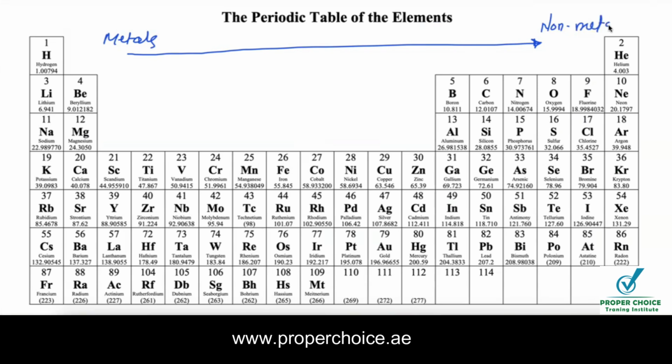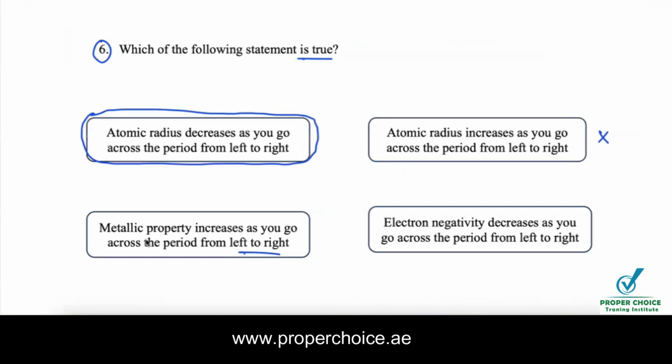So as you are going from left to right, metallic property is decreasing and non-metallic property is increasing. The non-metals are on the right side. But the option says metallic property increases as you go across the period from left to right.